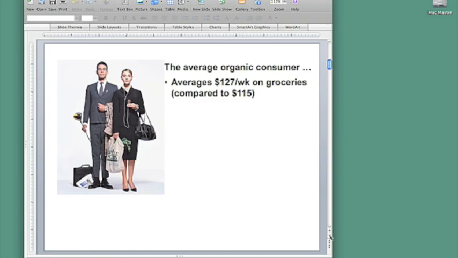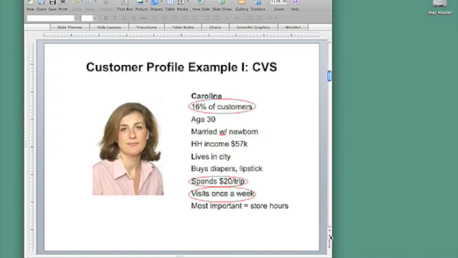Or, as you may remember about the CVS example, CVS knew that 80% of its customers were women, and that those women fell into three groups. They knew that 16% of their customers were like Caroline, who visited once a week, spent $20 a trip.